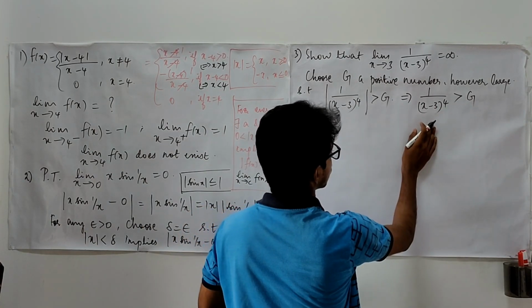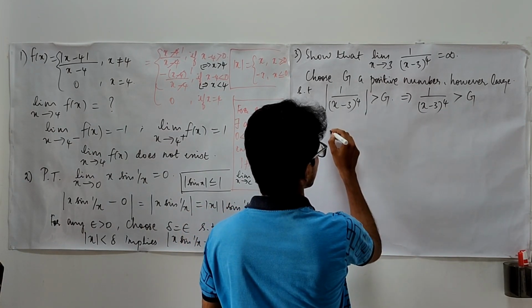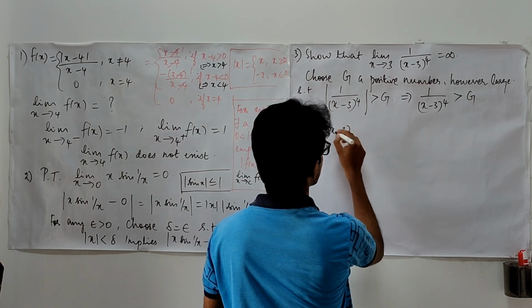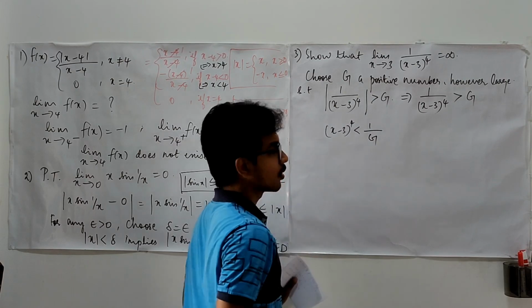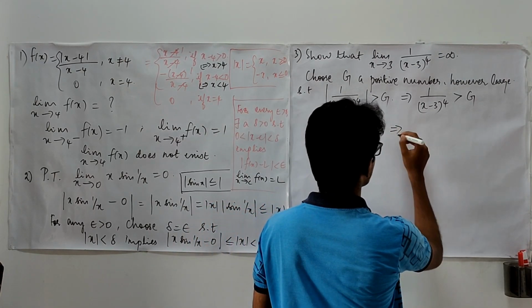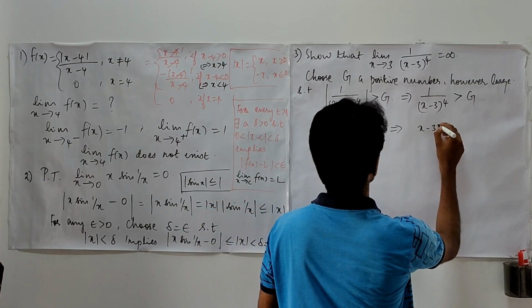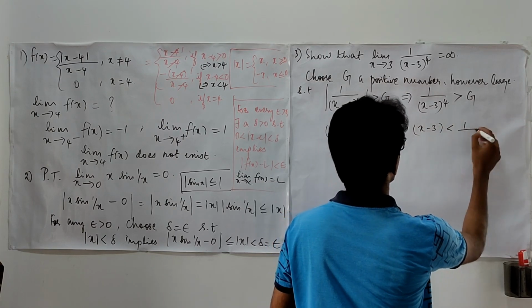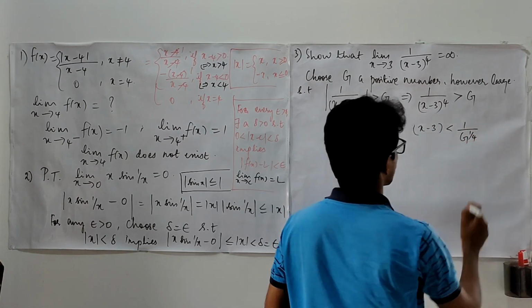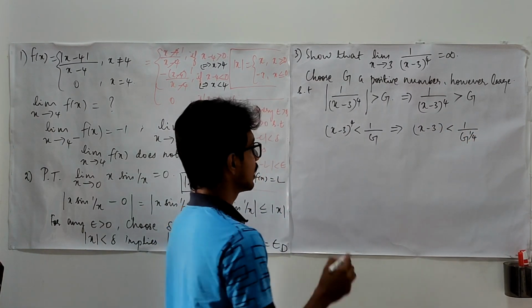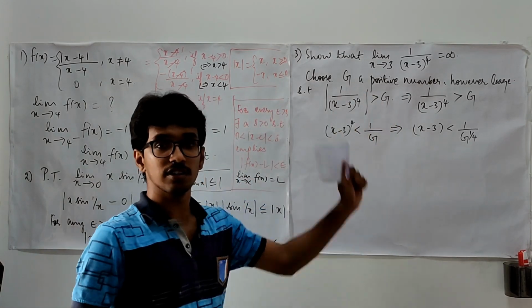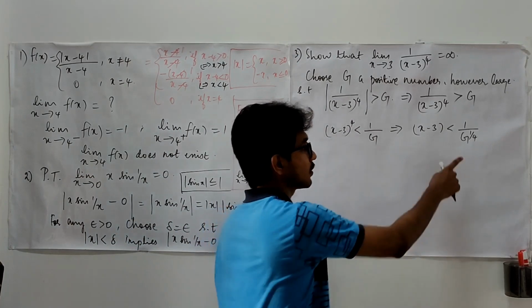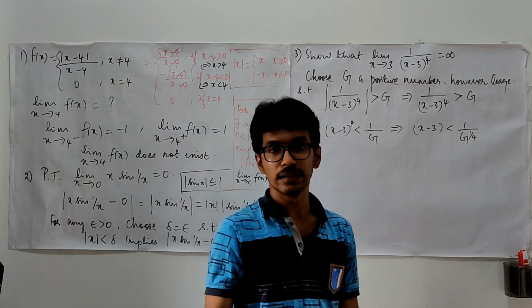And from this, what may you write? You may write (x minus 3) to the power 4 is less than 1 upon g. And this is going to give you absolute of x minus 3 is smaller than (1 upon g) to the power 1 upon 4. Now, if you choose your g to be the epsilon value, this will serve you as the delta value.